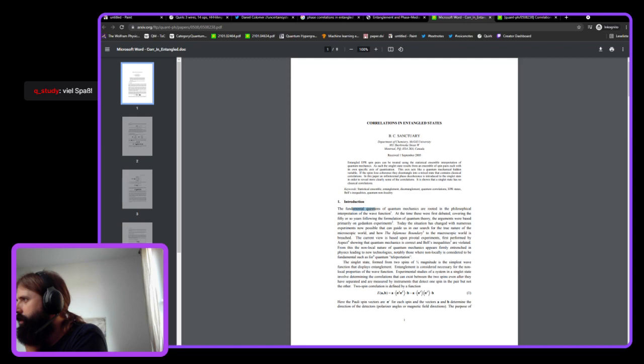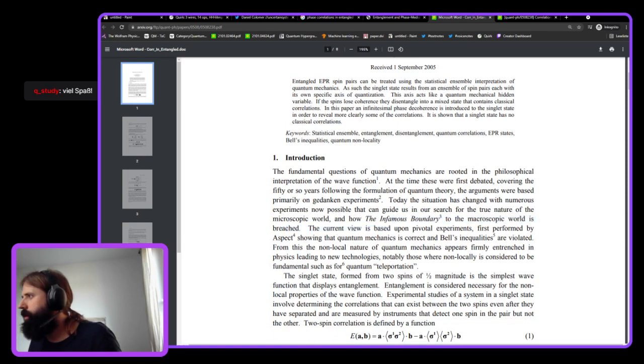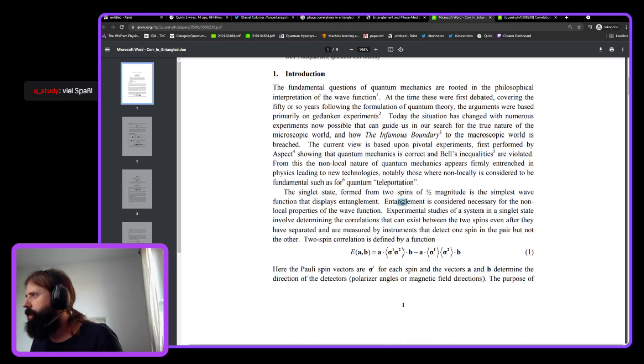So first tradition, the wave function occurring in the 50th correlation. Experimental studies of a system in a singlet state involve determining correlations that can exist between the two spins, even if they are separated.